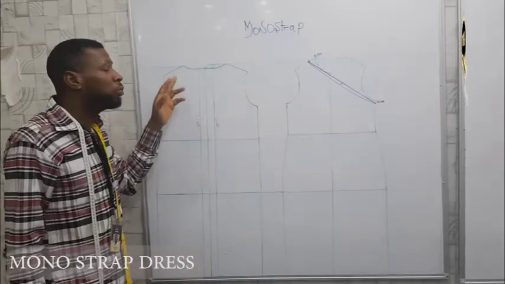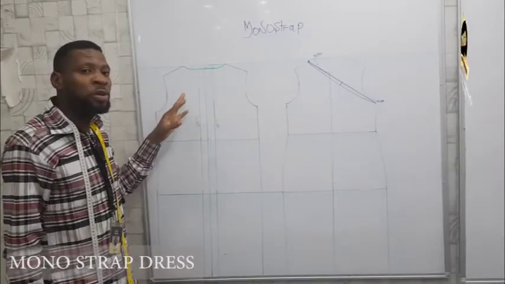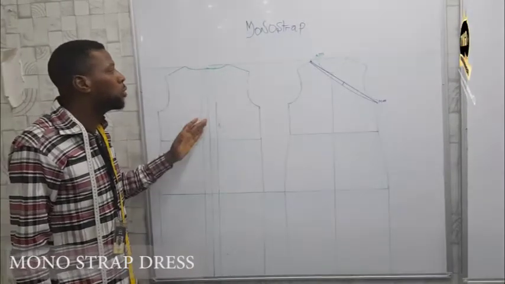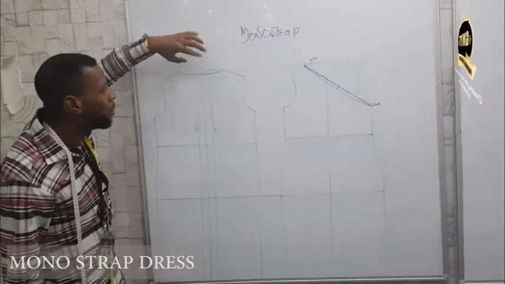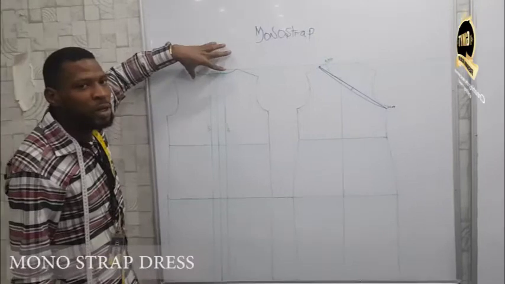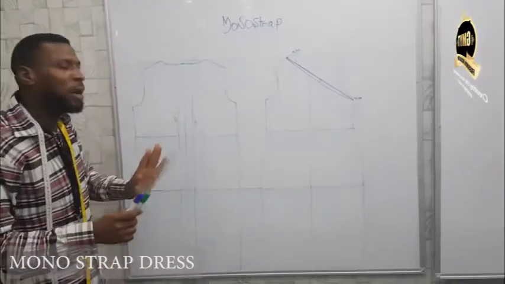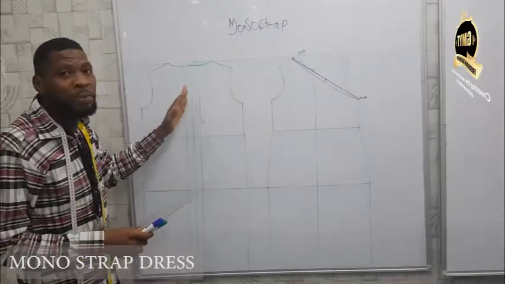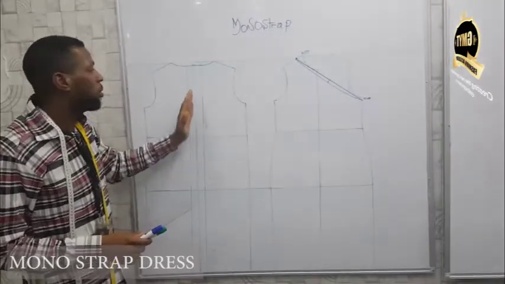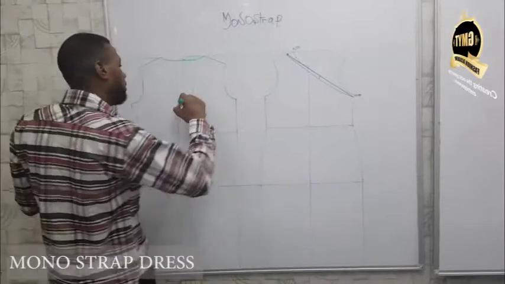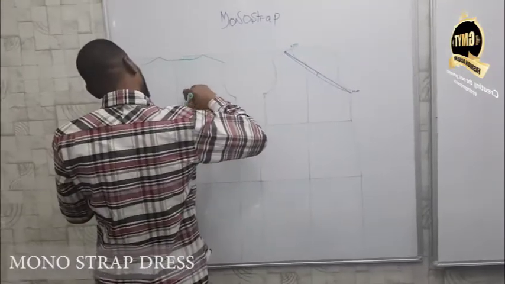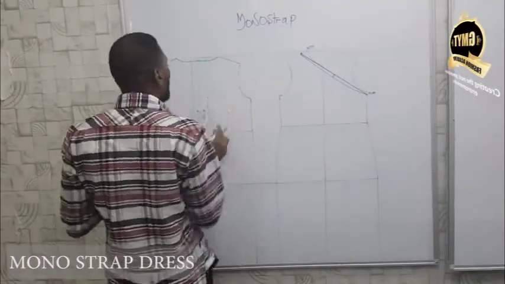If you try to jump this process, you might experience some few challenges while trying to sew it up. So it's advisable that when you are doing your monostrap at the back, please include extra paper on the center back to create for the zipper closure part of it. Now this is my zip line. So I added my zipper there.